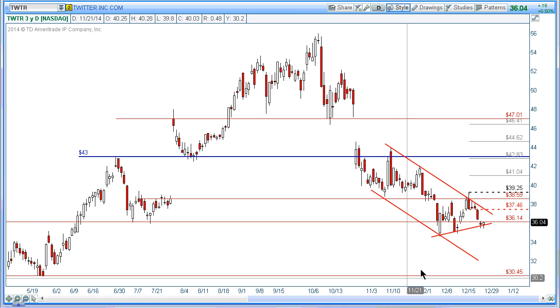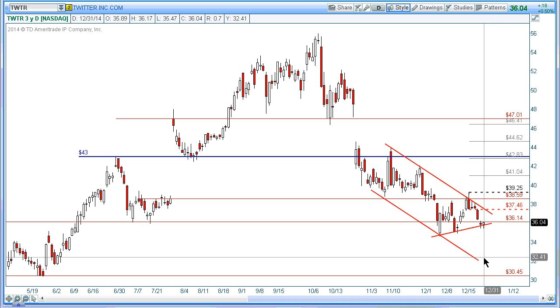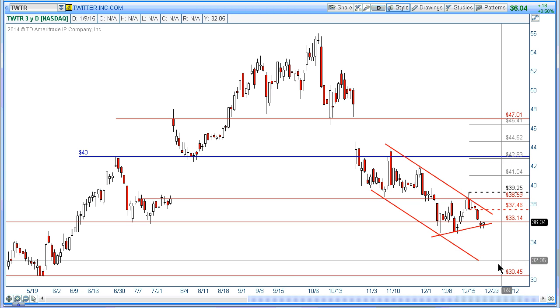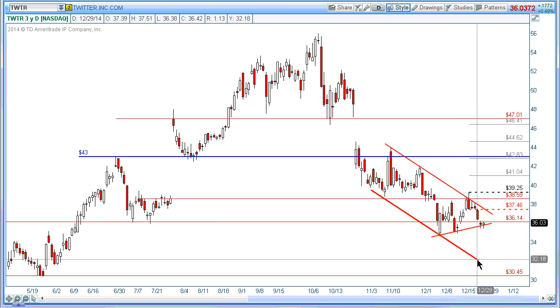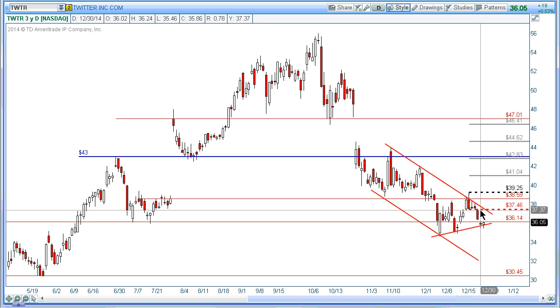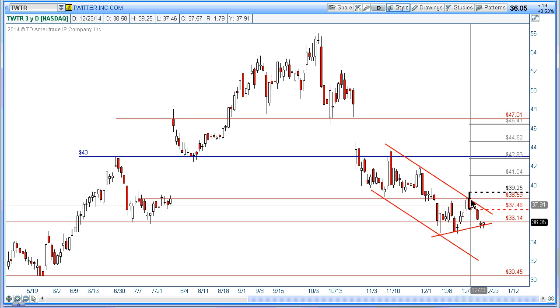So right now we're looking at Twitter probably continuing to come down, maybe possibly down to this 30 level, maybe touching this downtrend line here. We'll see, because definitely right now this swing long setup is no longer valid.